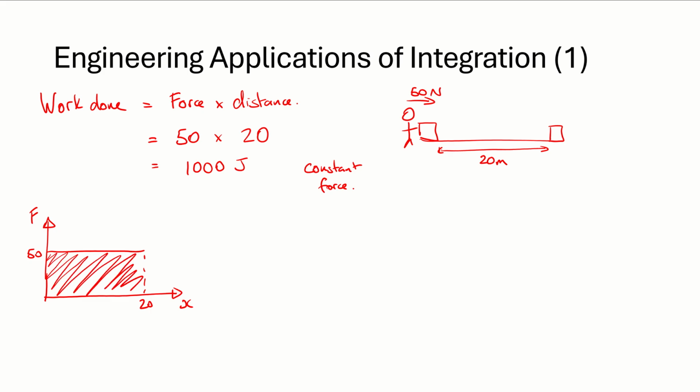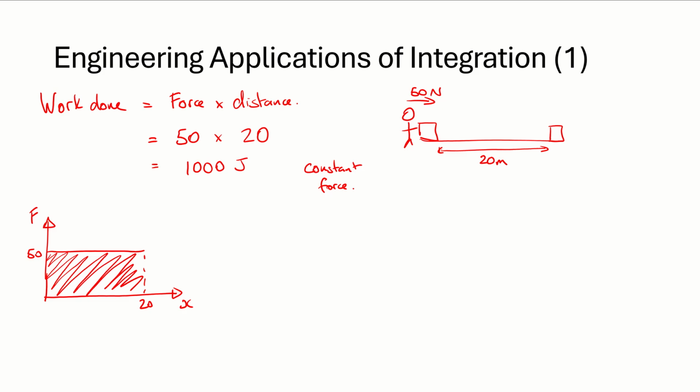It's 50 times 20, the area of that rectangle. So the area of a force distance curve is actually giving us the work done. It's giving us how much energy has been used in moving this box, for example.